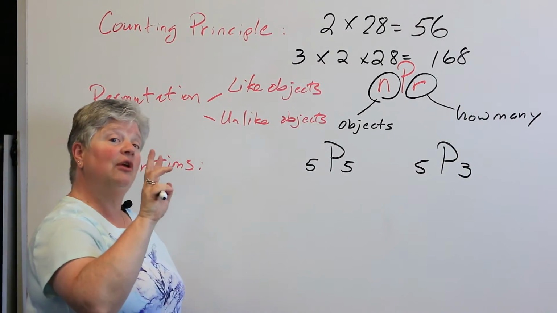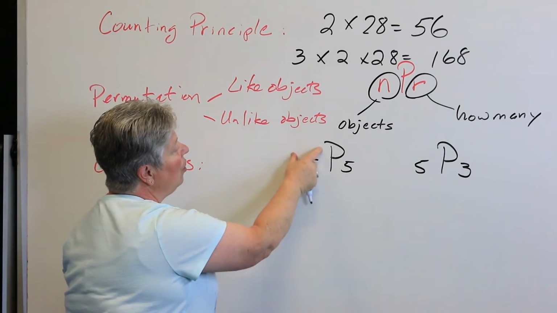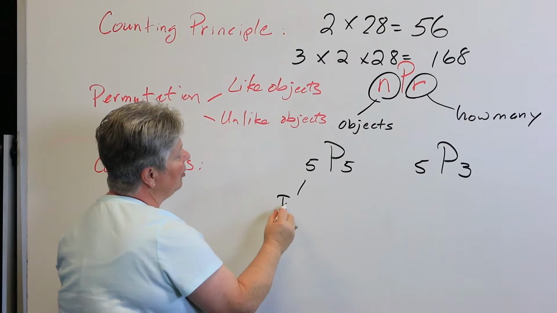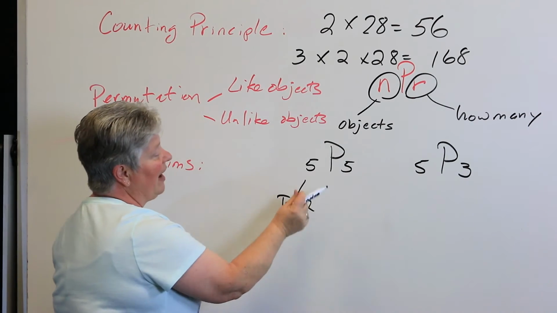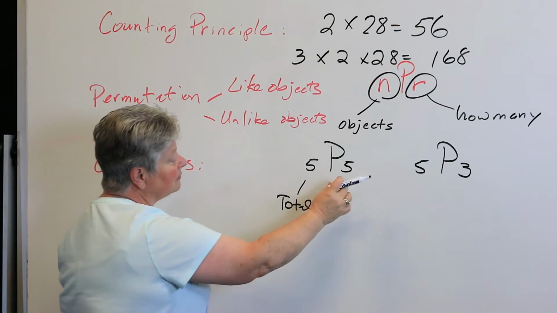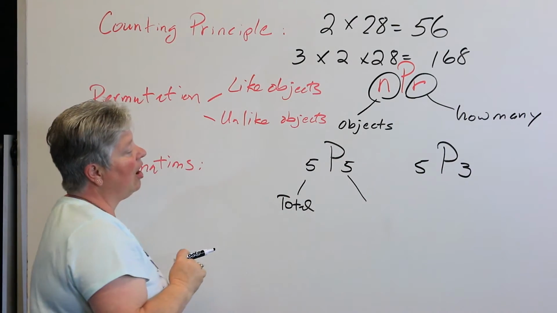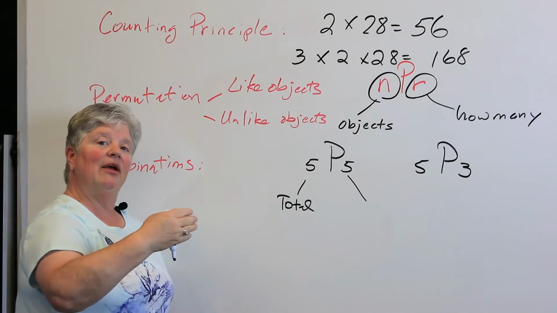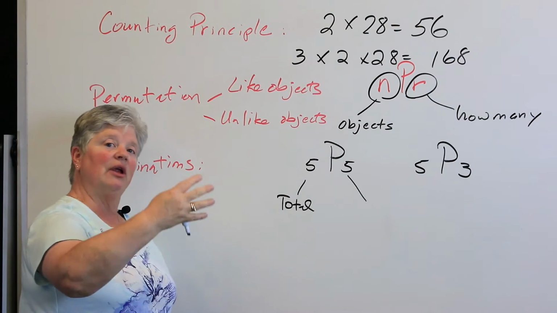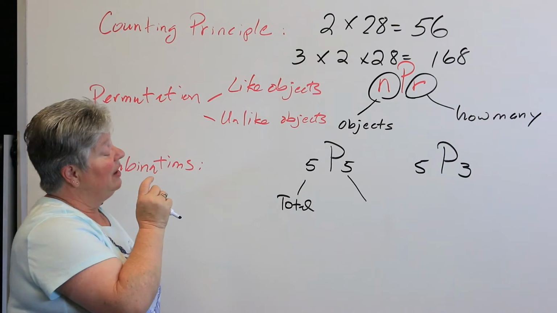So the 2 distinguishing pieces of a permutation will be how many total objects or people or whatever that we are trying to determine. And the second part, the R, is going to be how many of those we're actually considering within our example.